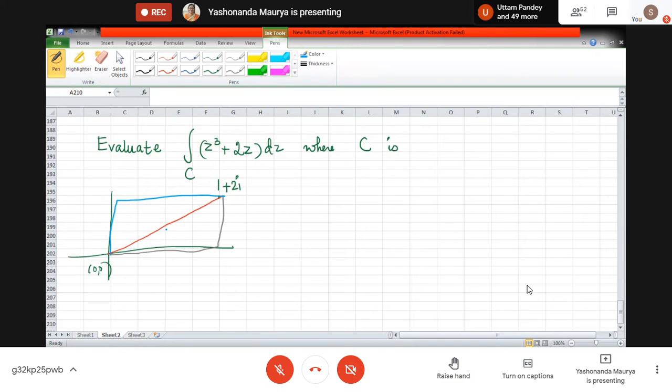Okay, so let me name these curves. Suppose this is my C1, this is C2 curve, this is C3 curve going from here to here. All these paths, even though they are different, they will give me the same answer.